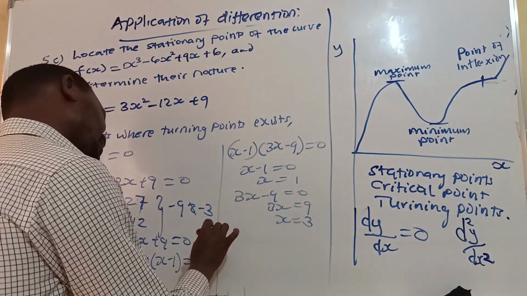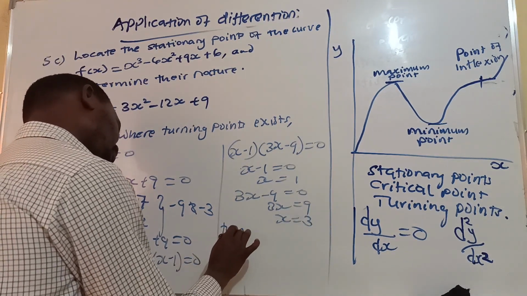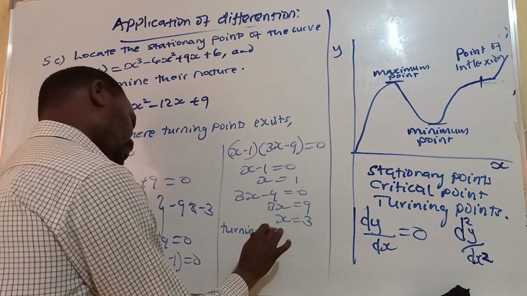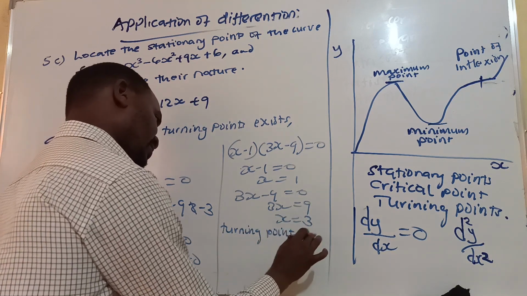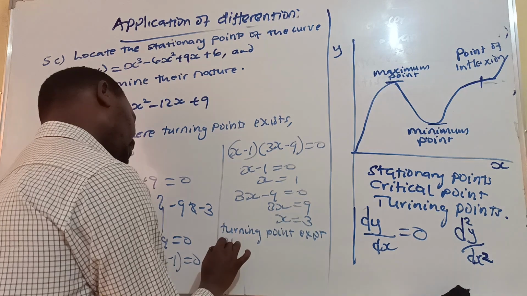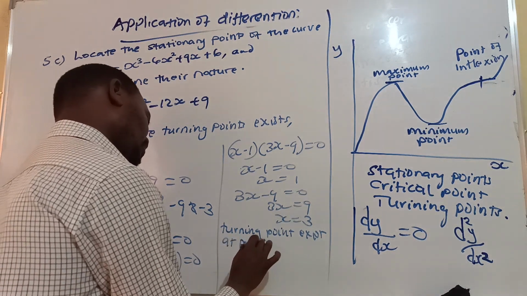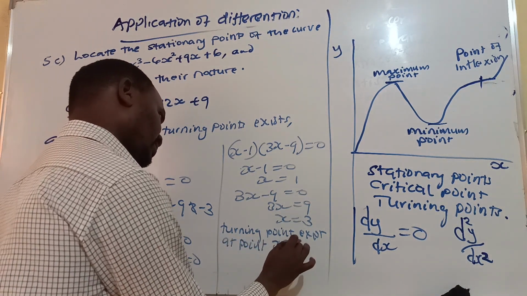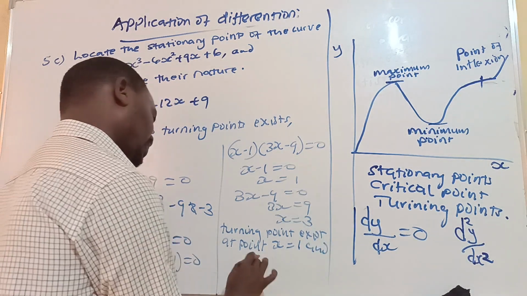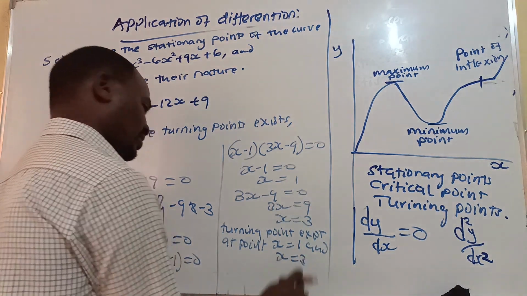So turning point exists at point where x is equal to 1, and also at another point where x is equal to 3.